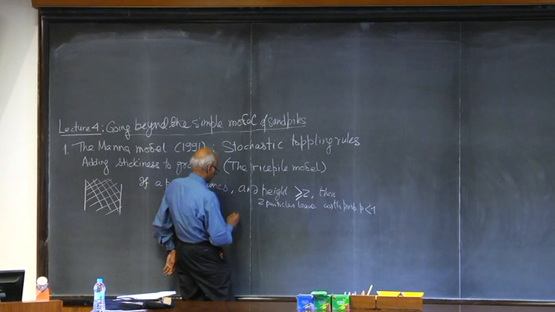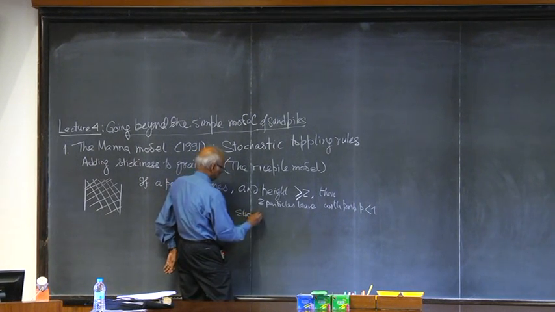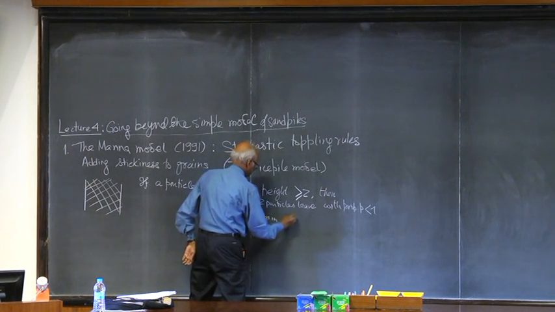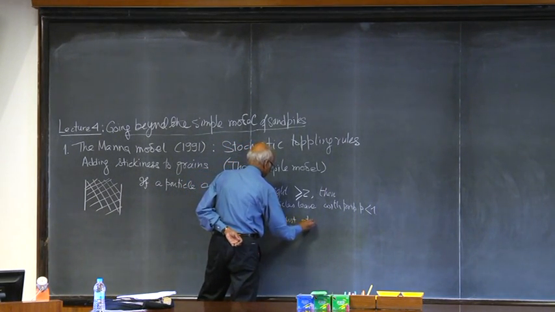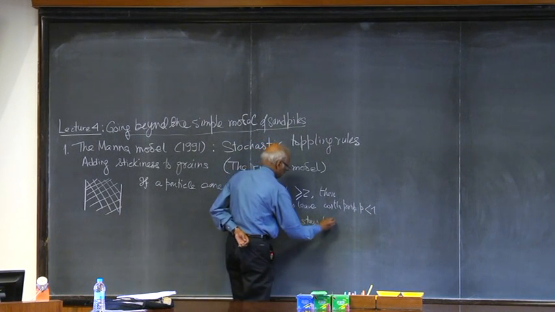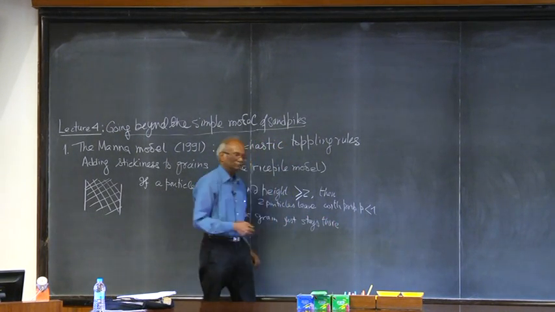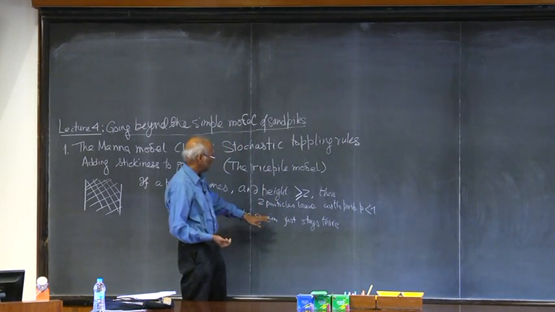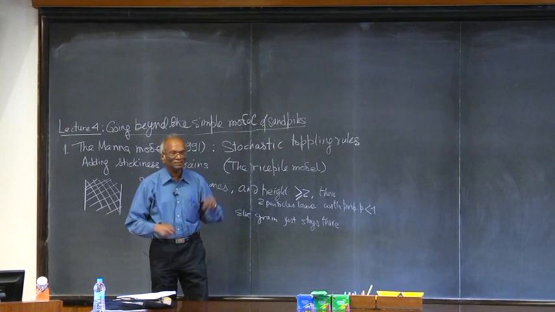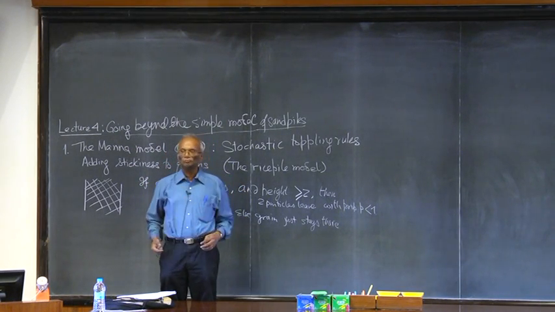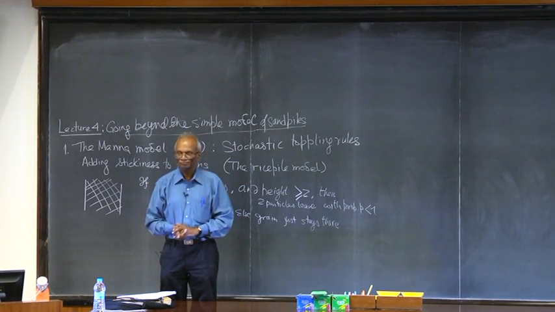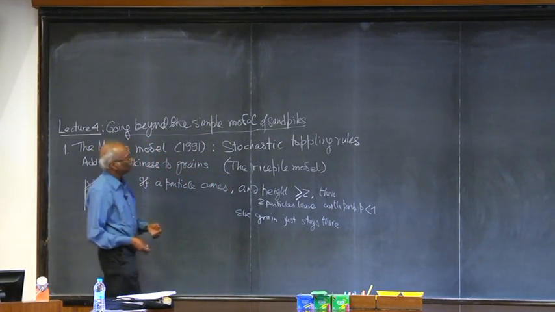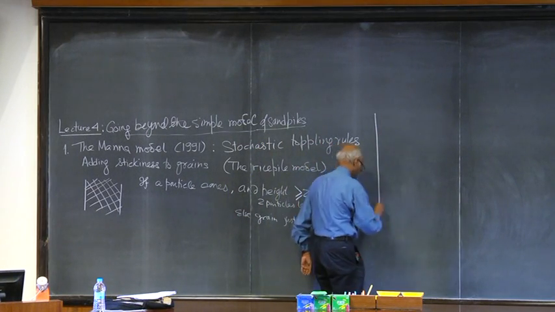Or else the grain just stays there, and it is stable. You know, sometimes it can stick and sometimes it can topple. So, once it stays there, then until the next grain comes and perturbs it, it just stays there. This was the rule. And the question is, does it make a difference to the behavior of the pile?